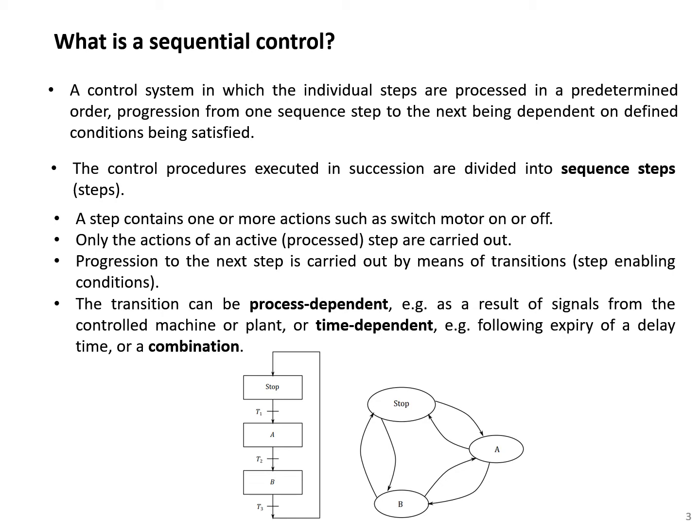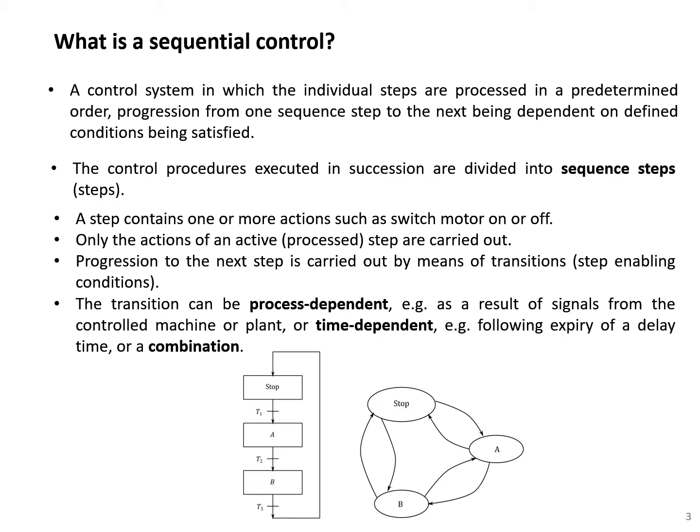So here you could see that we basically have sequences, from step A to step B, and we have a transition from one step to the other and vice versa.